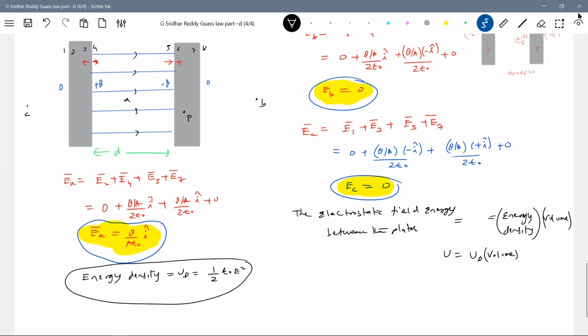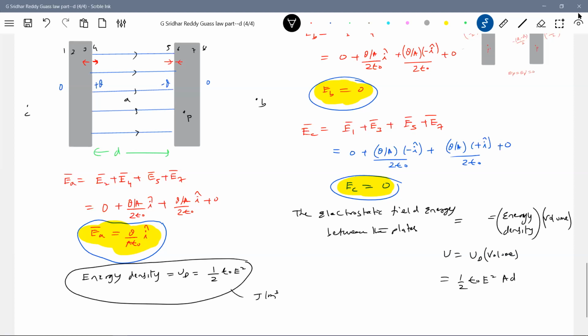What should be the unit for this? Joule per cubic meter. So this will be half epsilon naught E square. What is the volume? The volume of this will be A into d.